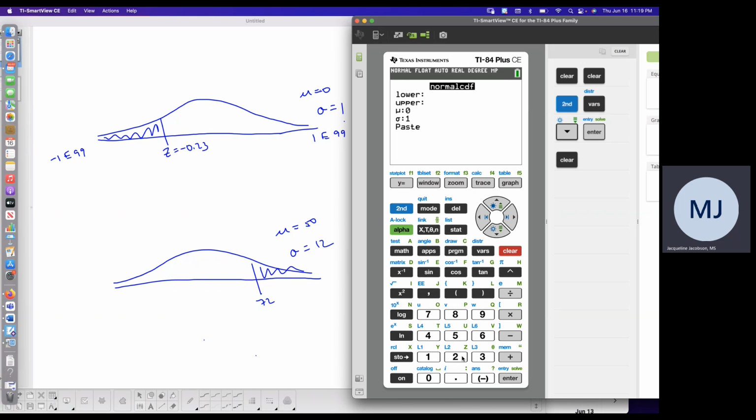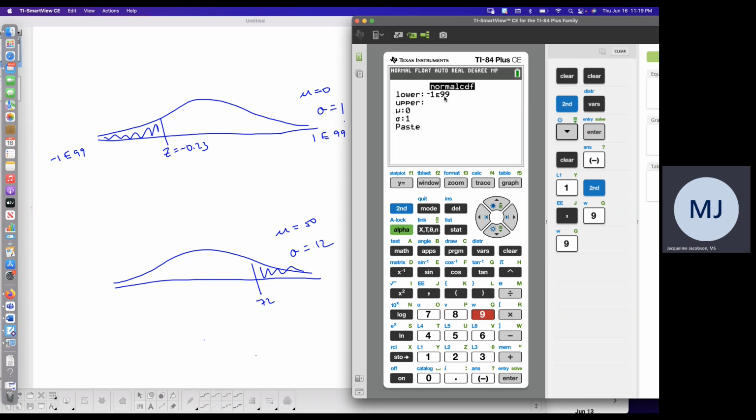So your lower would be -1. This is your negative sign here. Don't use the minus sign for negative; always use the negative. So -1, then your E, which is on top of the comma here as EE. That's your scientific notation. So you go second and comma to bring that up, and 99.